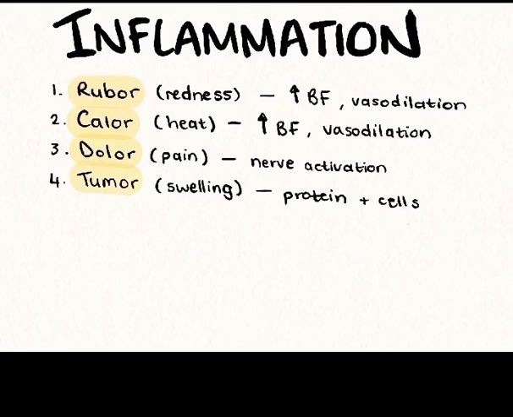Now, the redness, the warmth, and the swelling are all manifestations of the leaking of blood vessels and those things which leak out of them, and therefore we call this an acute inflammatory response. And in this way, immunology is related to inflammatory responses of anatomical pathology.